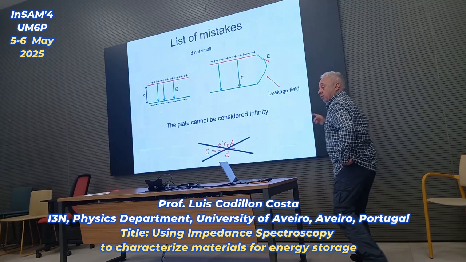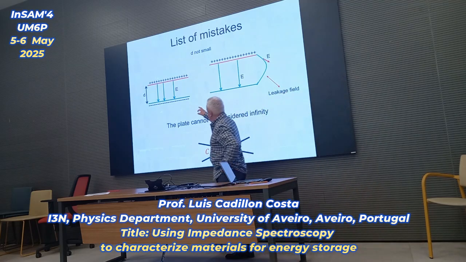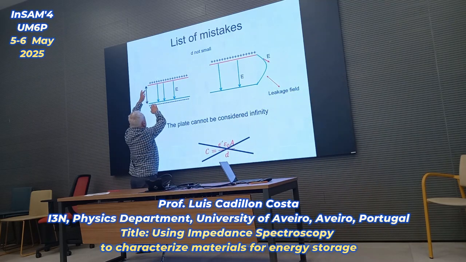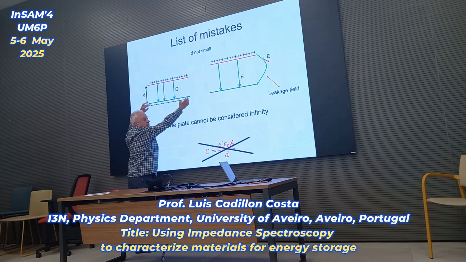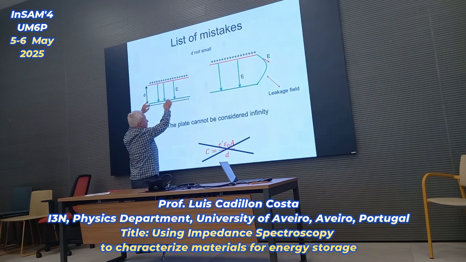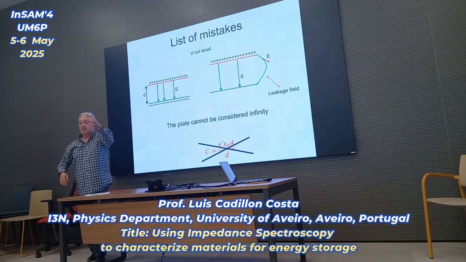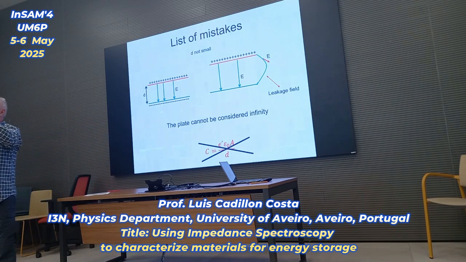So the problem is that this distance must be lower than this one. If I have something like a disc here, for example 1 centimeter, this distance must be almost 0.1 centimeter, let's say 1 millimeter. If not, we have this.